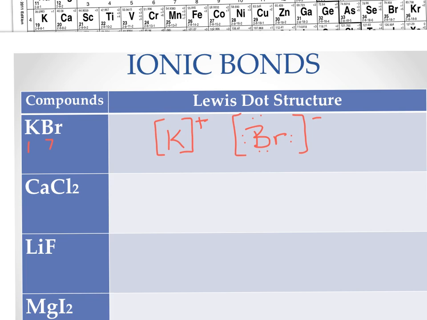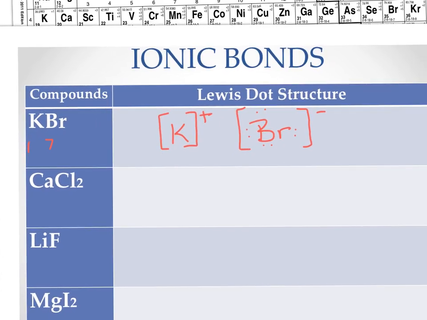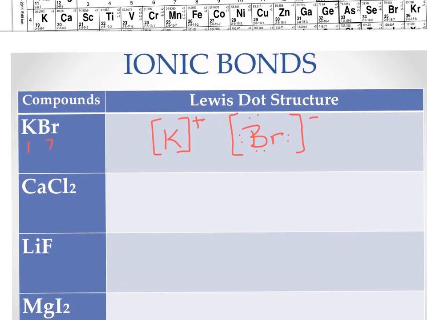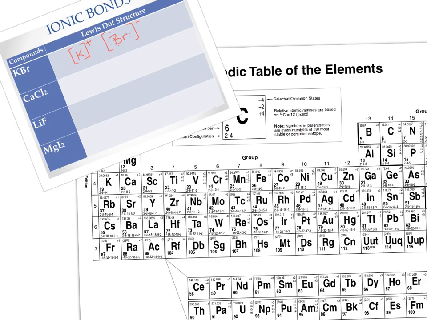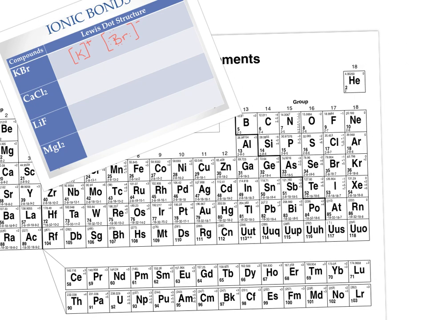Let's take a look at a second example, CaCl2 or calcium chloride. So in this example, we see that calcium is a metal with 2 valence electrons, while chlorine over here is a nonmetal with 7 valence electrons.